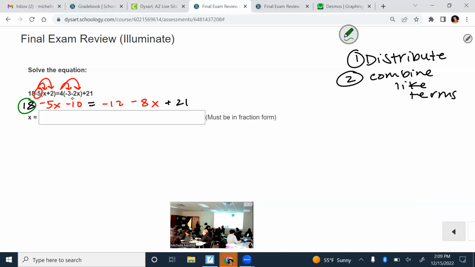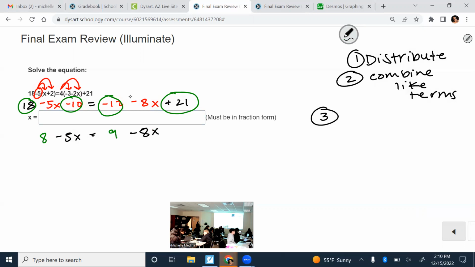Good, and always keep the sign that's in front of each term. That's why I said 18 minus 10, so 8. And then bring down that -5x. On the right side, do I have any like terms to combine? -12 and positive 21. So what's -12 plus 21? 9. A positive 9. And then -8x.